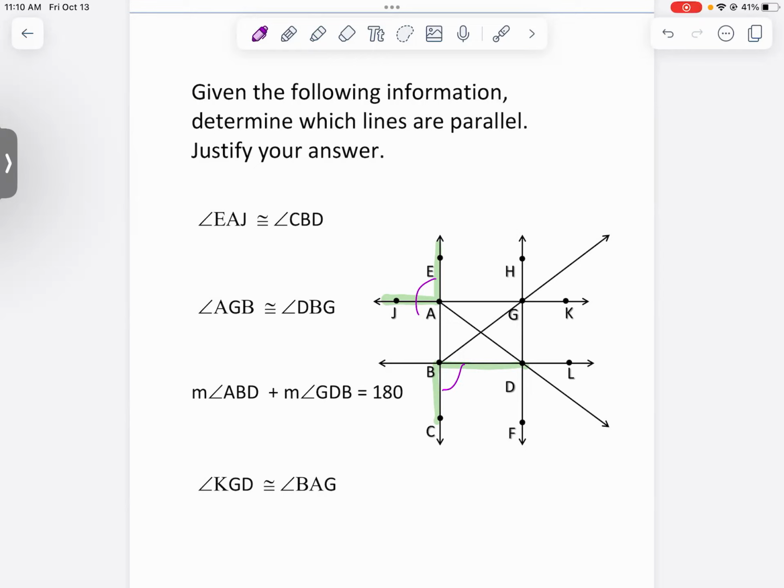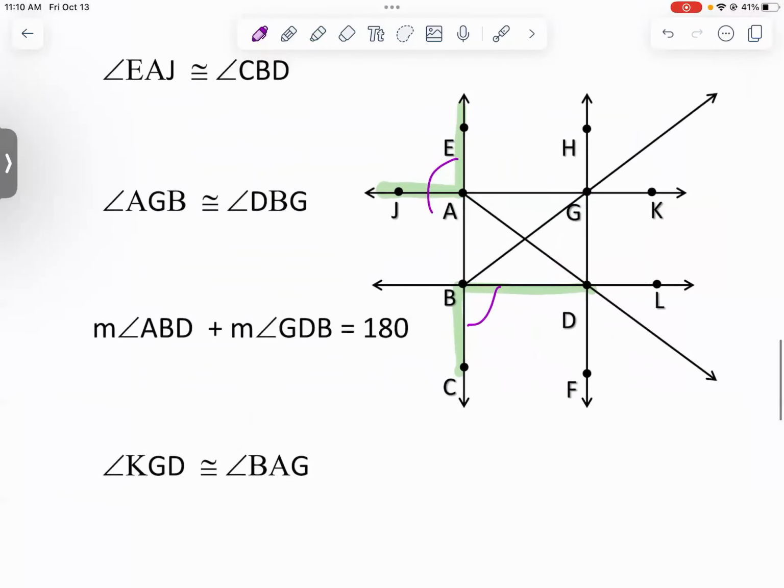If these two angles are congruent, which two lines are parallel? So lines, if they're not named with a lowercase letter, you're going to have to name them with 2 points. JK is parallel to, you said LB. And how would you know that?